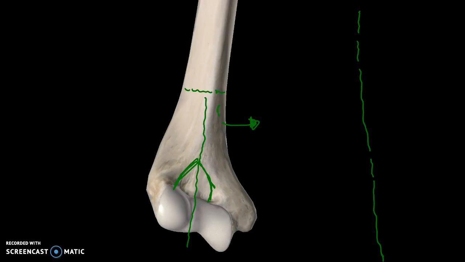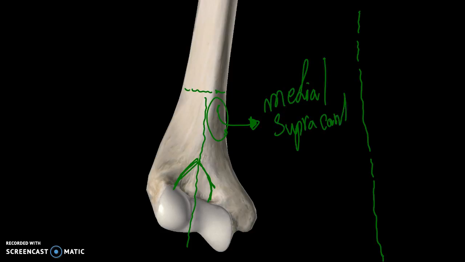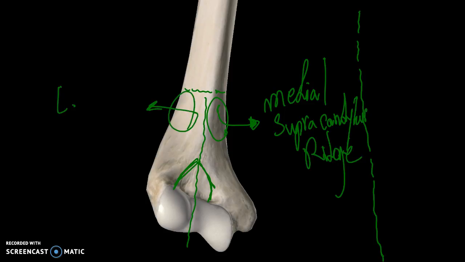This region here is known as the medial supracondylar ridge. And of course, this one is the lateral supracondylar ridge. Now we can talk about the condyles.